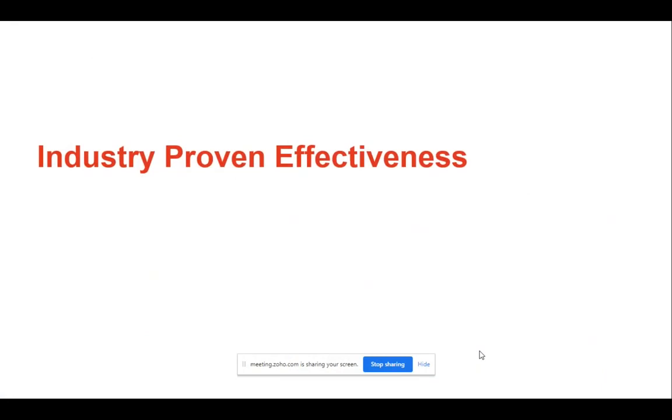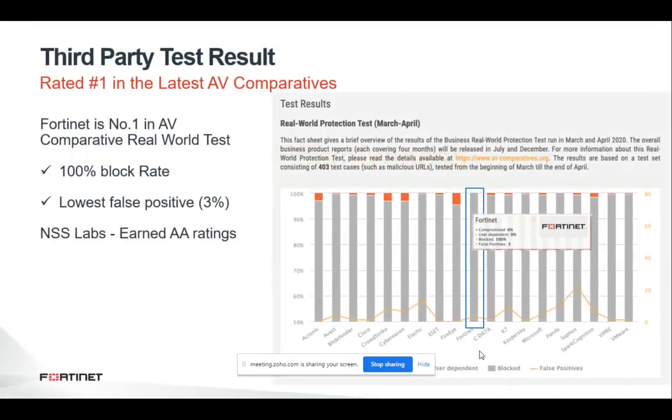If we look at the third-party overall test results, Fortinet's endpoint security solution has done very well in third-party testing at AV Comparatives. FortiClient with FortiSandbox and FortiEDR achieved a 100% detection rate with the lowest false positives of all the solutions tested.